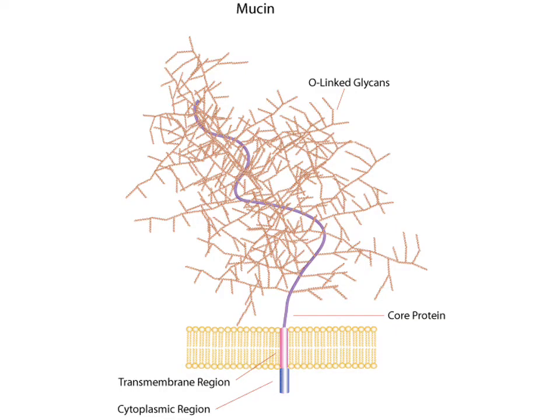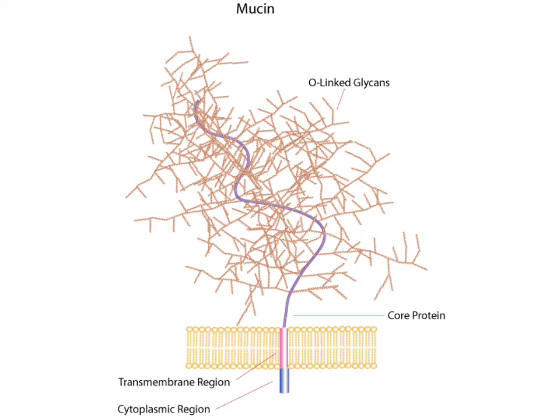So another group of carbohydrate-containing molecules that's gotten a lot of attention lately are the mucins. This is a schematic example of a mucin. And again, this is a molecule with a core polypeptide and then a large amount of carbohydrate attached to it.